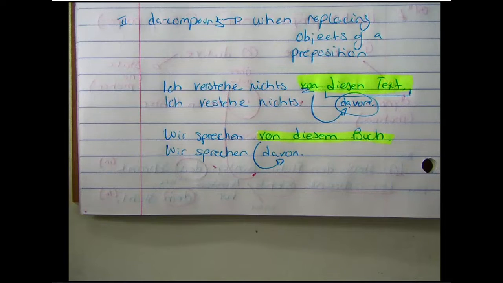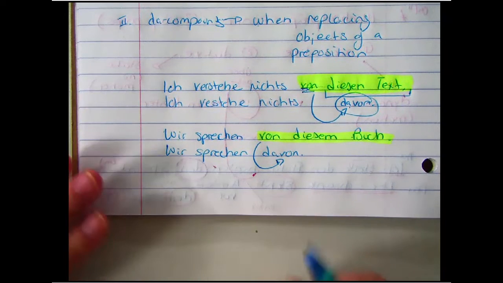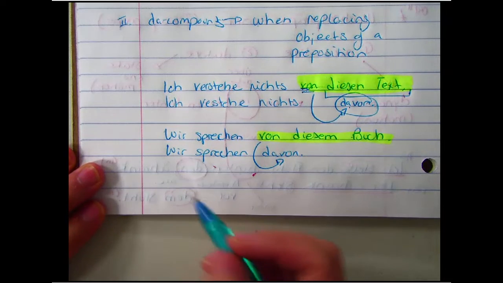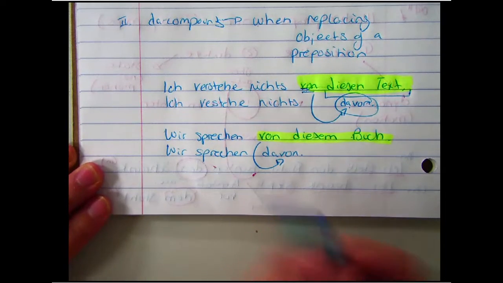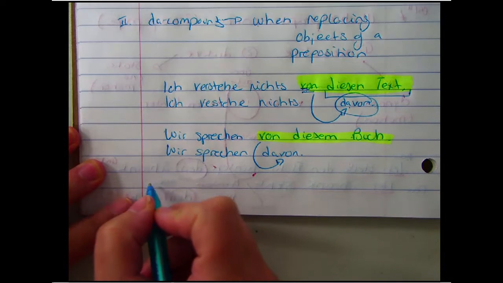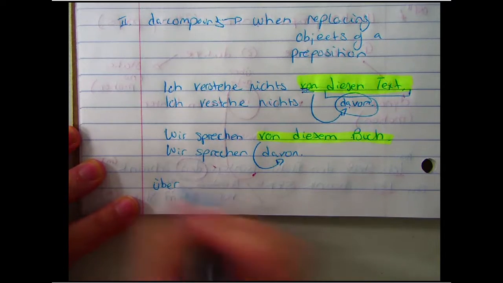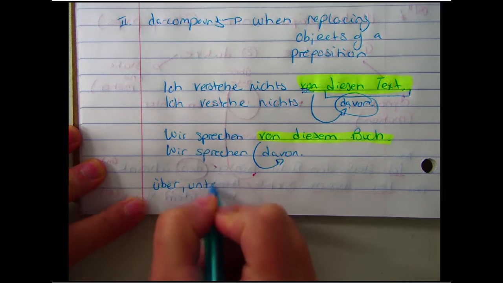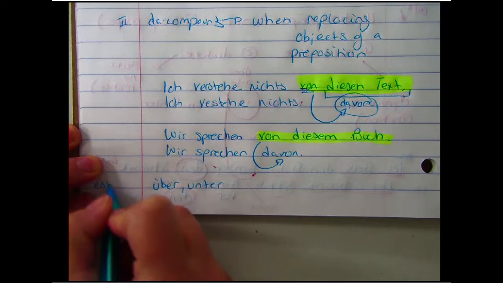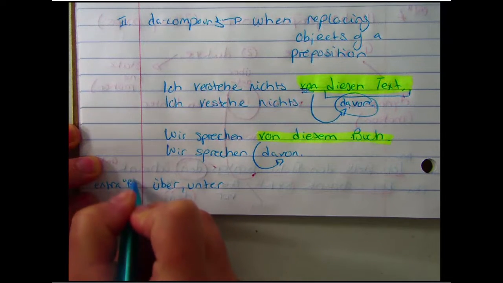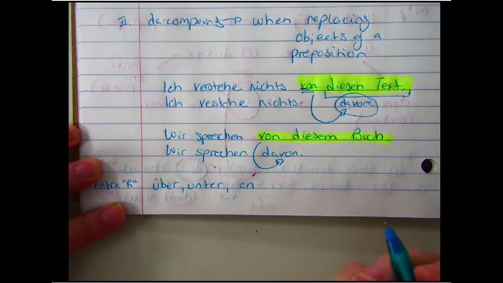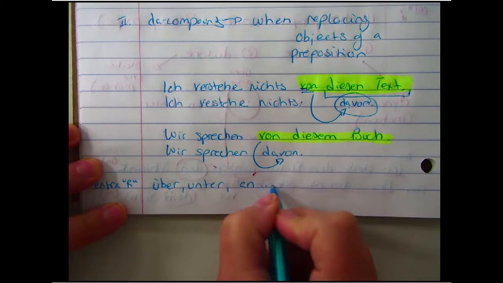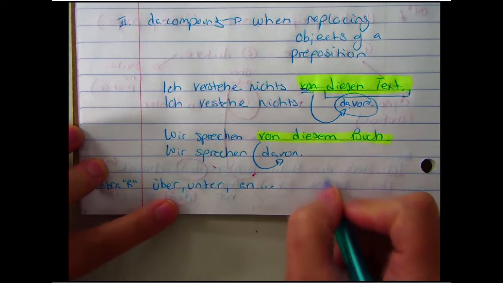Now for some of these da compounds, you're going to need to add a little letter, and that is if you have a preposition that begins with a vowel. So if the preposition is über or unter, or an, for example, of course there's more of them, all of the ones that start with a vowel.